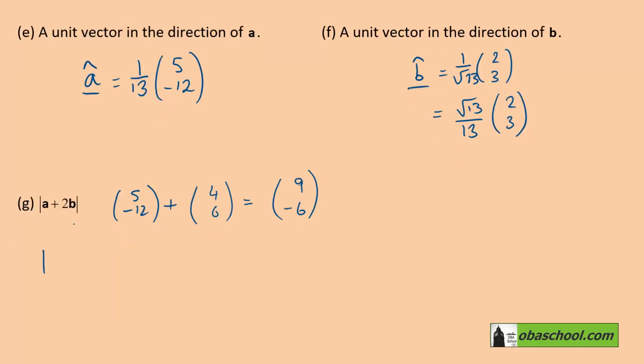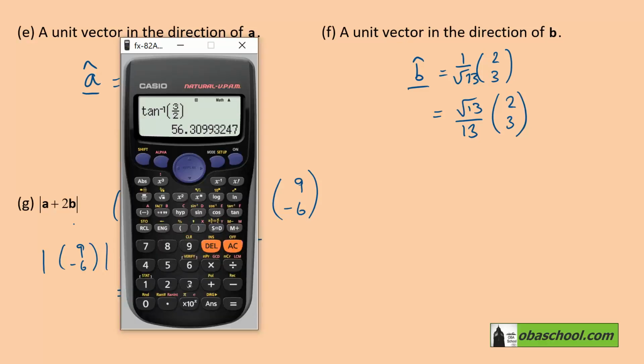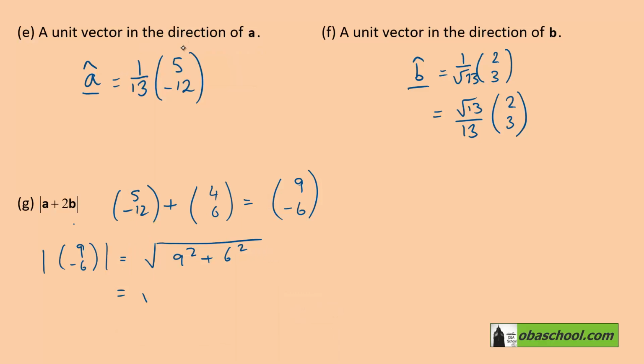So the magnitude of 9, negative 6 is going to be the square root of 9 squared plus 6 squared. So that's 81 add 36, which is 117. So that is the square root of 117.